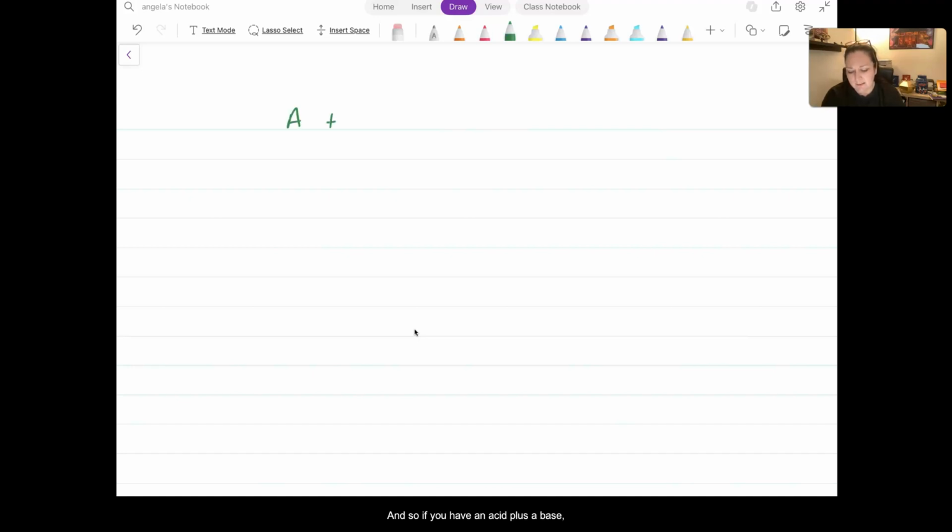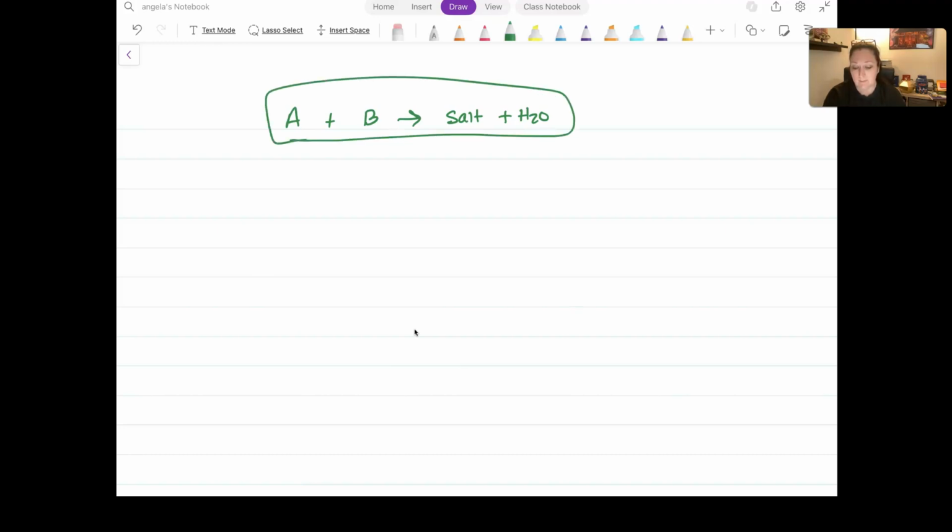And so if you have an acid plus a base, so this is new for us because we haven't talked a whole lot about this. So we have acid plus a base. Then what you end up getting is you get a salt plus water. Okay, so acid and a base, you get salt plus water. You need to know this. There are several things that you need to know about this.